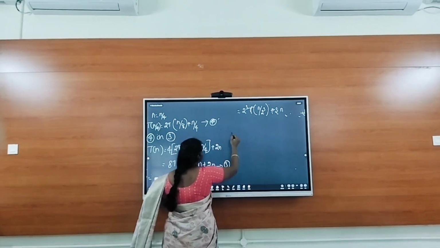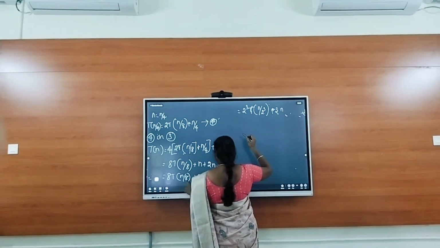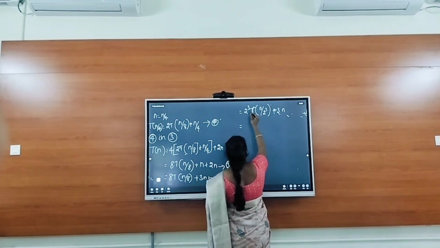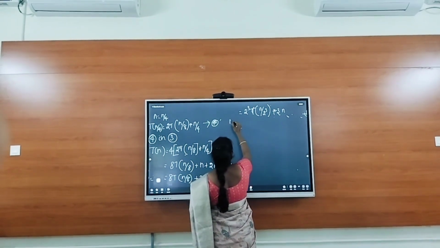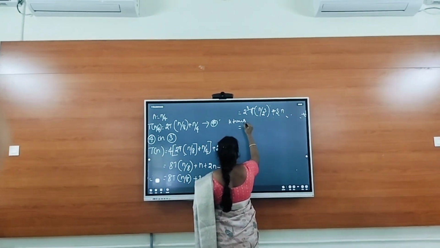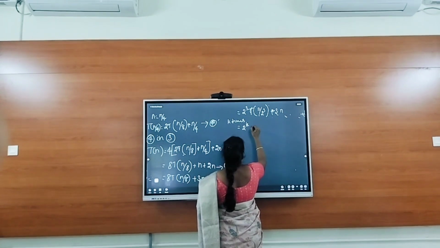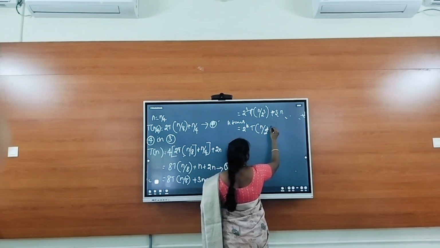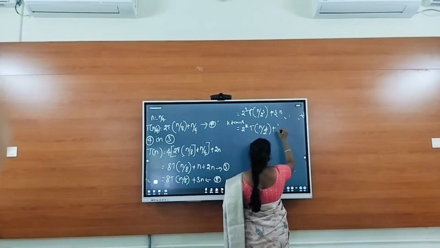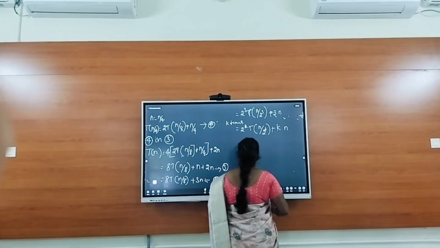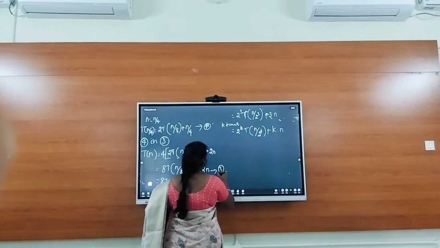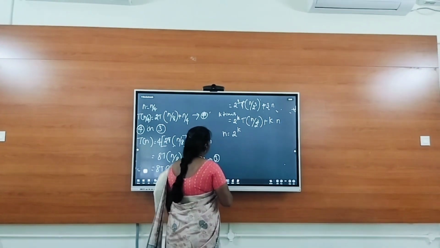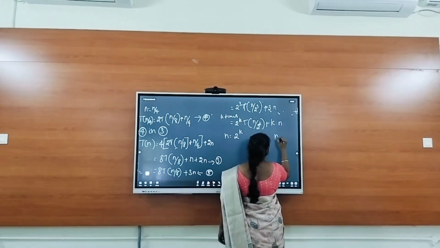The 8 can be written as 2 power 3. We can take it as k times, so 2 power k T of n divided by 2 power k plus the constant, which we take as k into n. So n is equal to 2 power k. We can solve it separately.